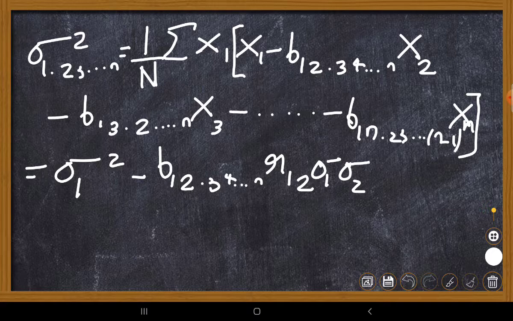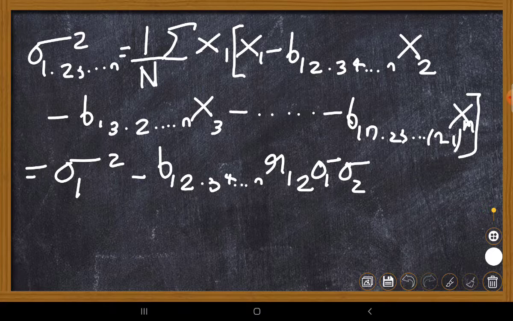Remember, from the plane of regression, I have already shown you how we have gotten this. Remember, 1 by n summation xi xj is equal to rij sigma i sigma j. I hope you still remember. So you substitute in this way.